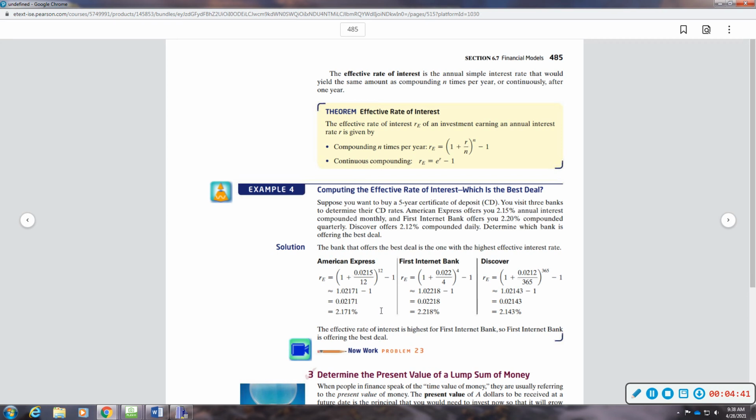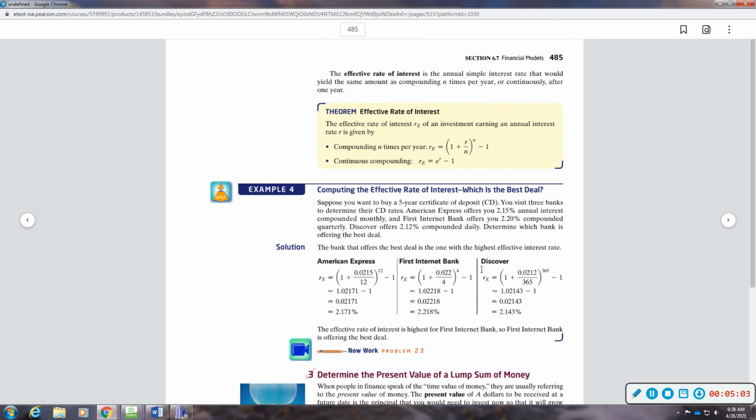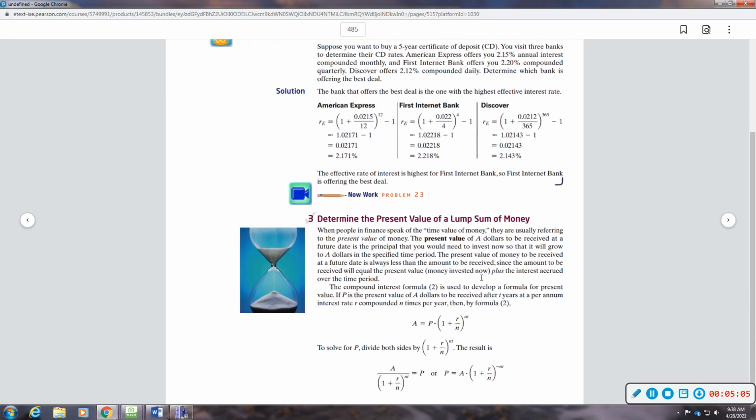So they all give you a little bit more, but the higher one in this case actually gives you the better effective rate. So this says the effective highest interest rate is First International Bank. So that's the one you would want to go with, just depending on what you're given. So finding that effective interest rate is important, and we will do that as well.